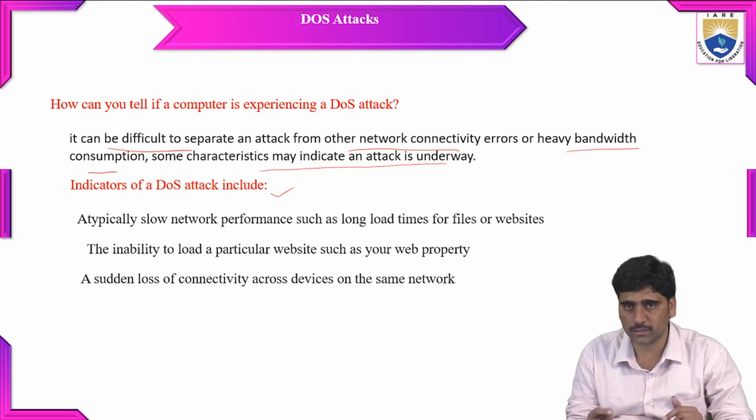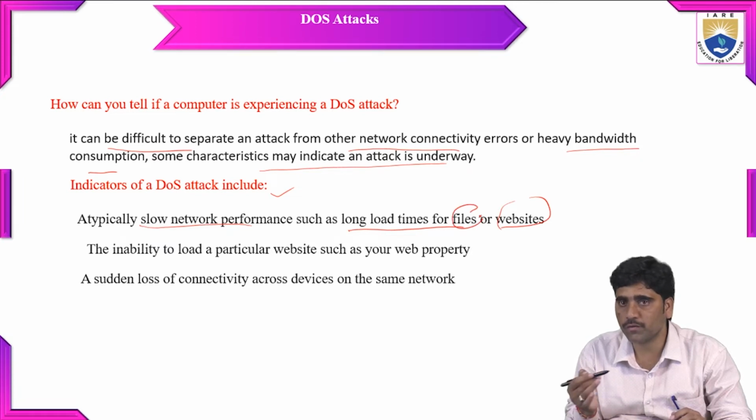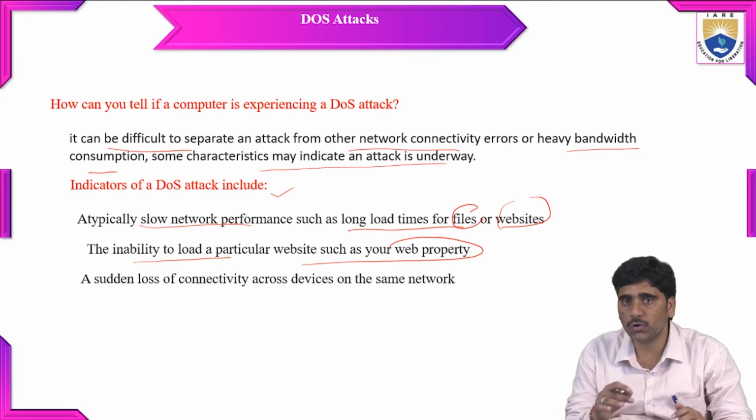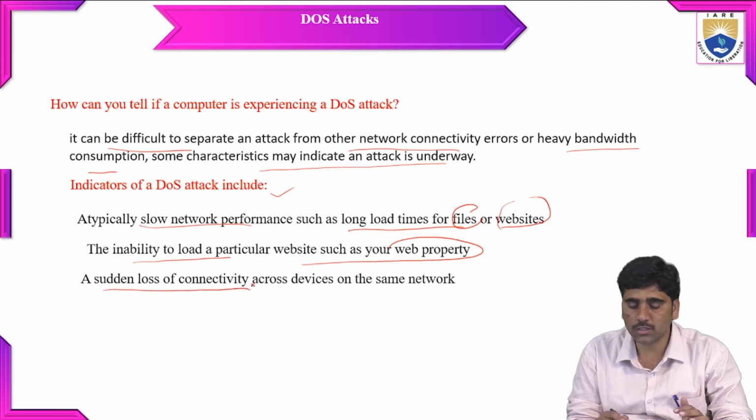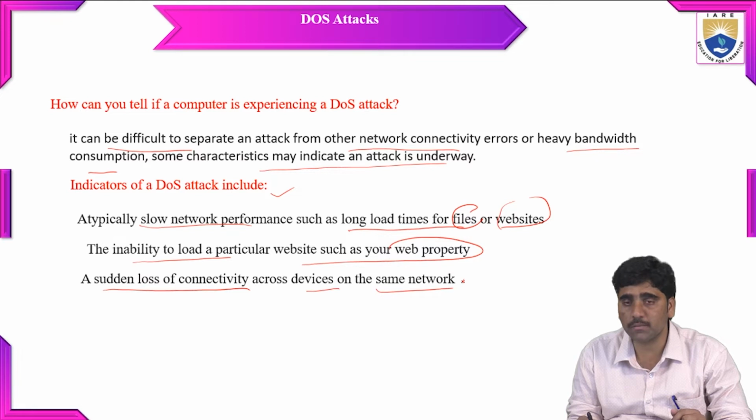So what are the indicators actually? The indicators of DoS attacks typically include slow network performance, such as long load times for files or websites. So it takes a lot of time to open or load files or websites. Also, the inability to load a particular website, such as your web property, and sudden loss of connectivity across devices on the same network.